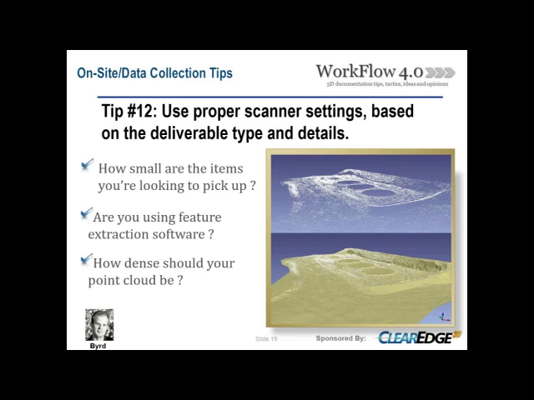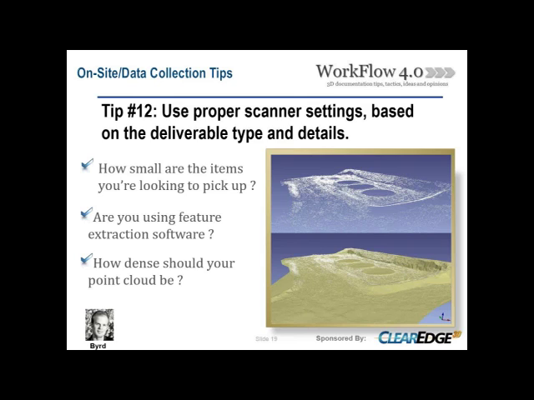So again, make sure your scanner settings are going to be customized to the project you're doing. For instance, the image on the right, you can see how sparse that point cloud is, but then underneath you can see that it's plenty dense enough to get the ground data.